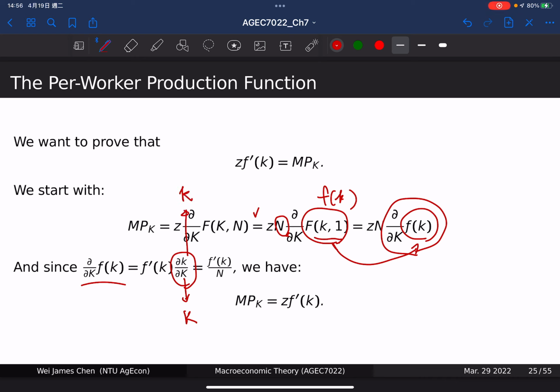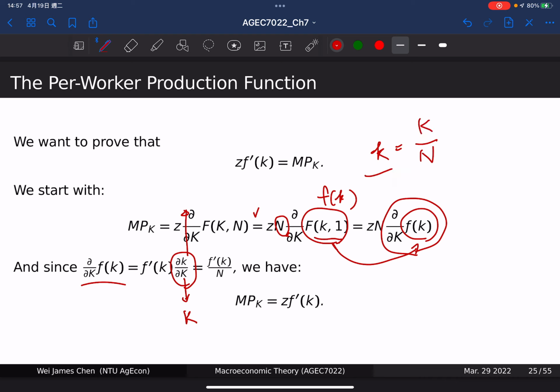But lowercase k is just K over N by definition, right?